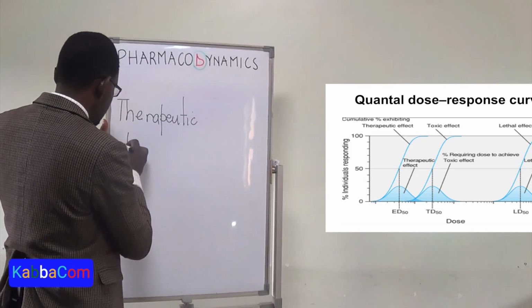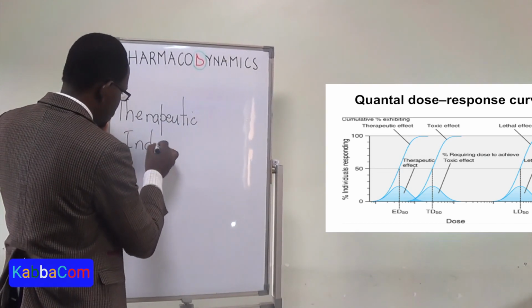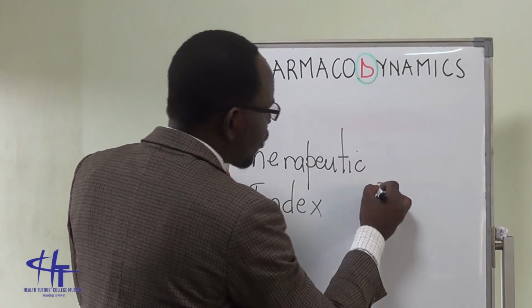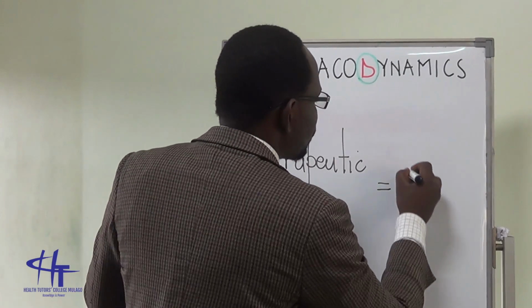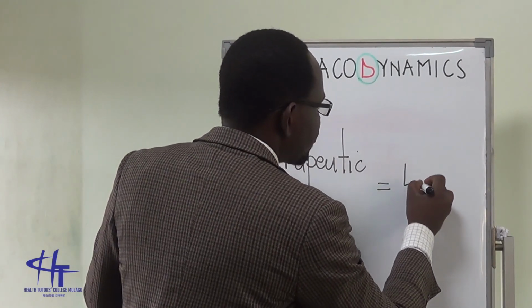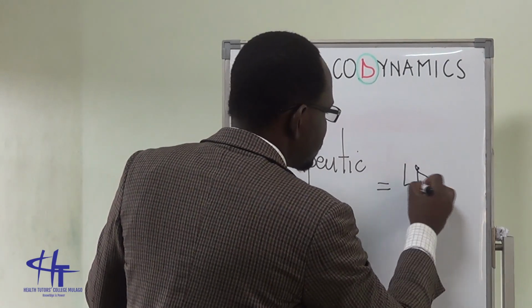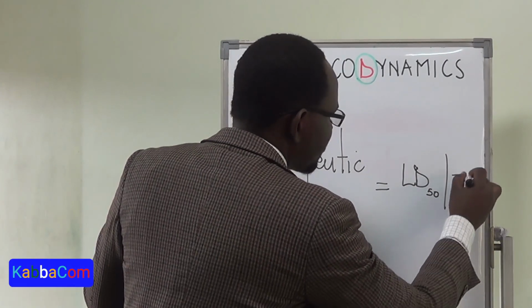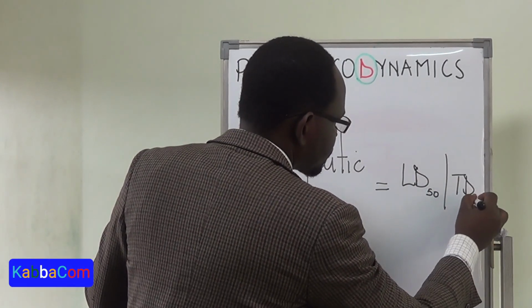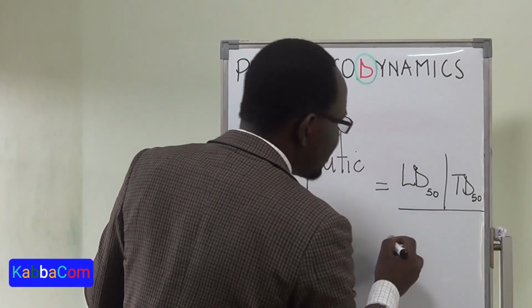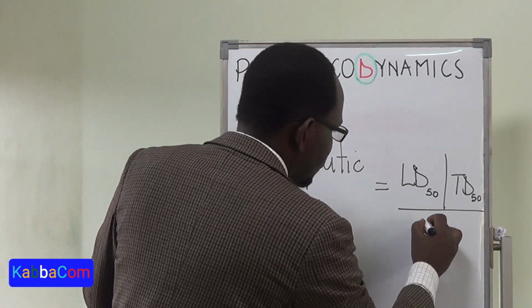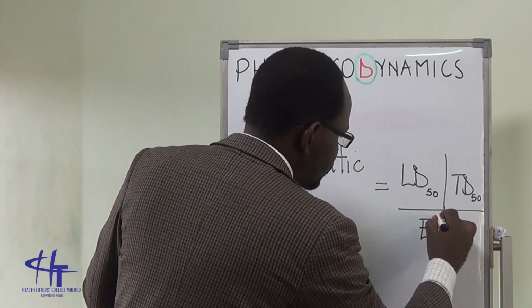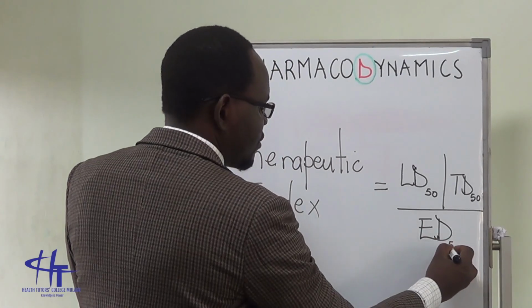The therapeutic index is the lethal dose at 50, or it can be the toxic dose at 50, divided by the effective dose at 50.